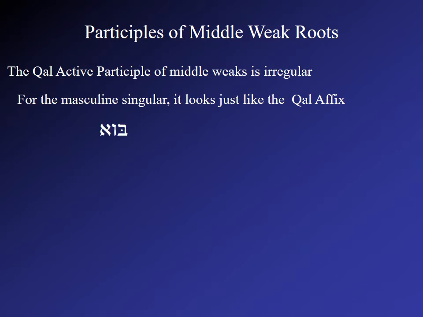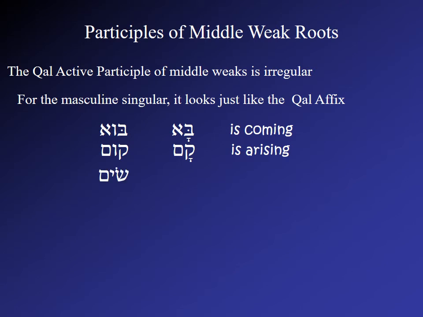So for a root beit vav aleph, it is ba, translated is coming, or one who is coming. For kof vav mem, kam, is arising, or one who is arising. For sin yod mem, sam, is setting.